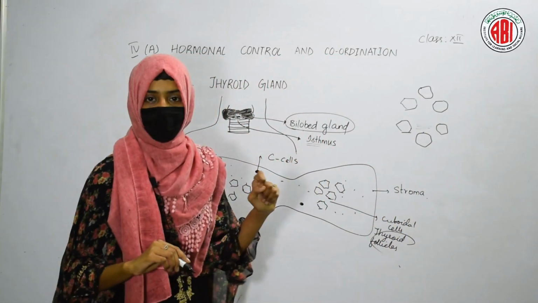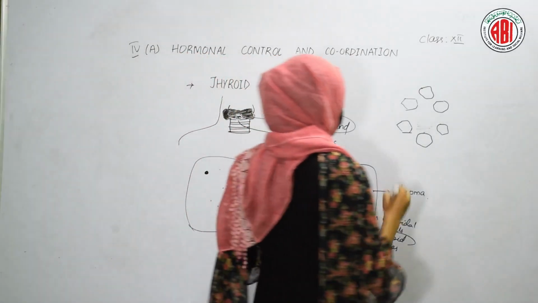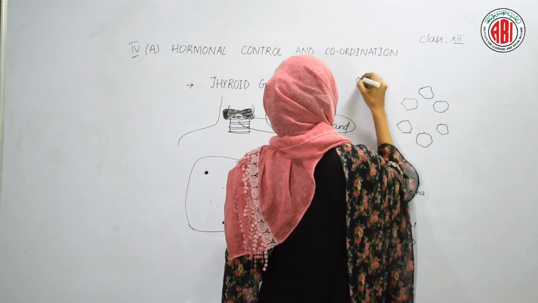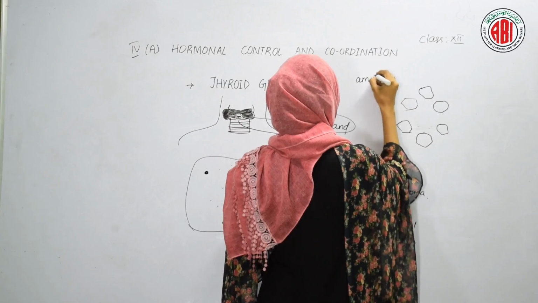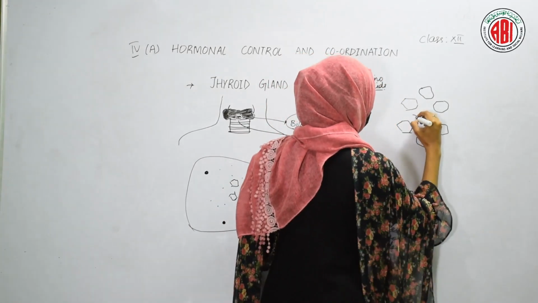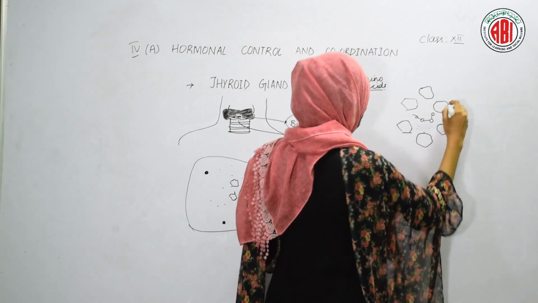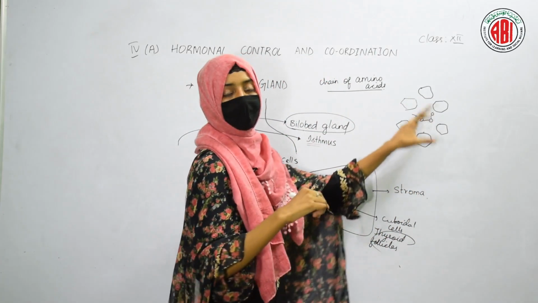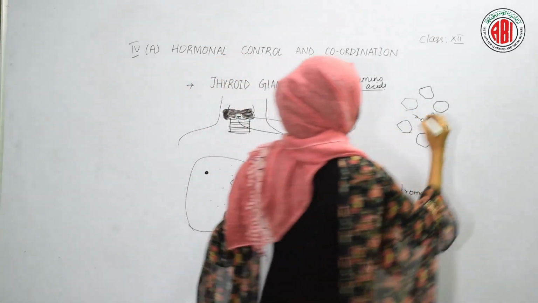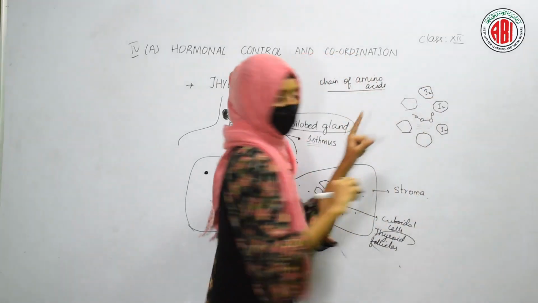In this space, you will find one protein, and we know that a protein is a chain of amino acids, right? So here you can find a chain of amino acids, and these cuboidal cells, the thyroid follicles, show the presence of iodine in them.